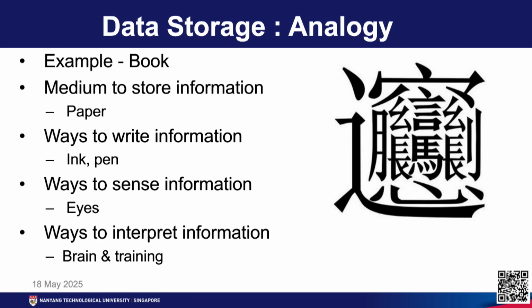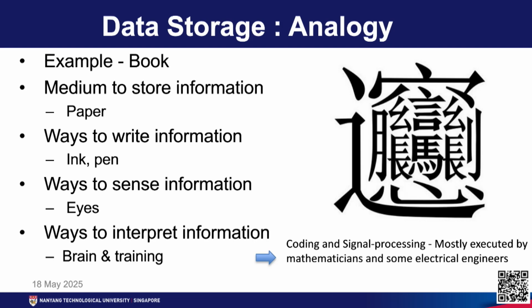The information has to be passed from the data storage device to the computer in a meaningful, interpretable way. Typically this part of magnetic recording is done by electrical engineers and mathematicians. They do some coding, signal processing, mostly mathematics with some electrical engineering concepts, to interpret the information. So, we will not learn about this.